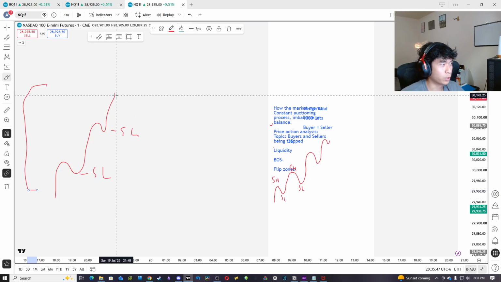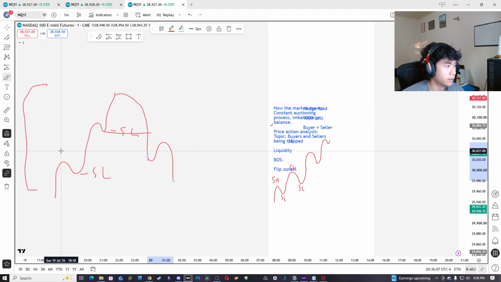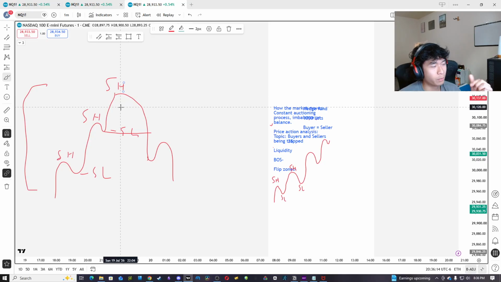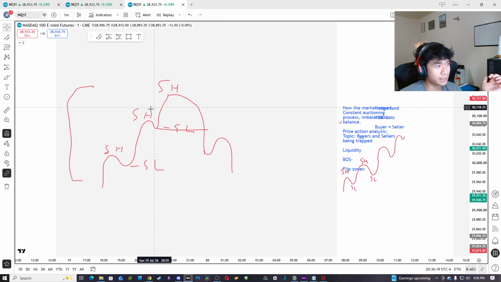A break of structure means that this strong move to the upside is being broken. It gets broken by price crossing this swing low and then creating a lower swing high. So this is just market structure, this is candlestick analysis. Because now when you see something like this, you don't think it's a strong move to the upside anymore.